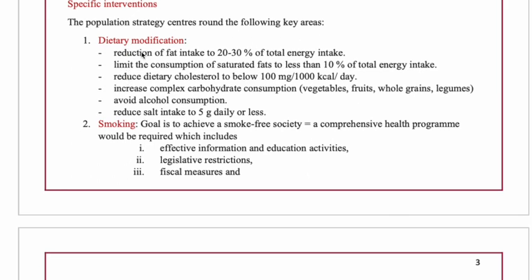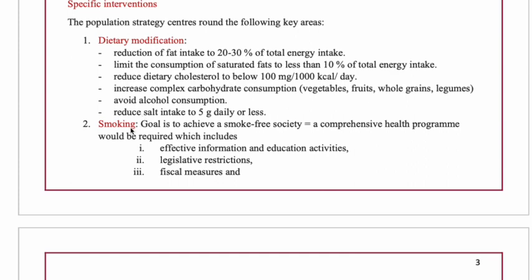It includes reduction of fat intake to 20 to 30% of total energy intake, limit the consumption of saturated fats to less than 10% of total energy intake, reduce dietary cholesterol to below 100 mg per 1000 kilocalorie per day, increase complex carbohydrate consumption, like the intake of vegetables, fruits, whole grains, legumes, etc. Avoid alcohol consumption and reduce salt intake to 5 gram daily or less than 5 grams.